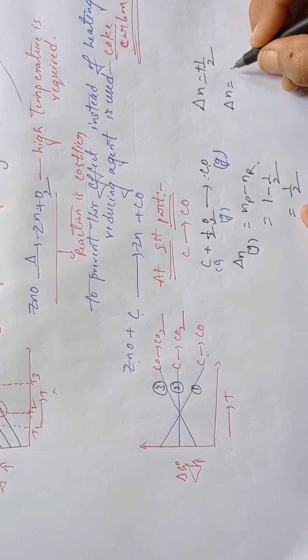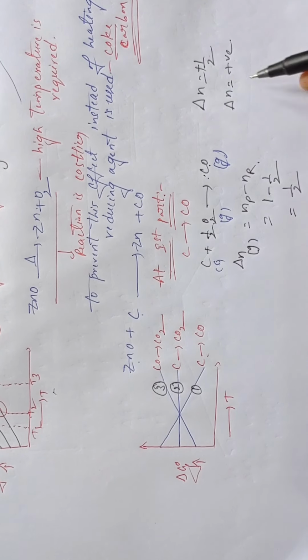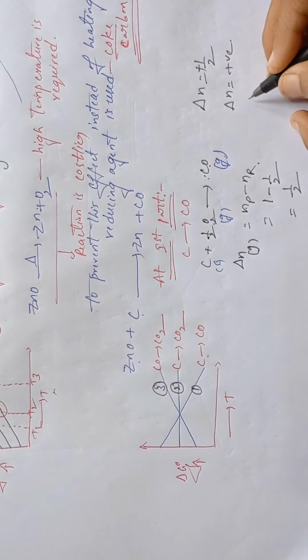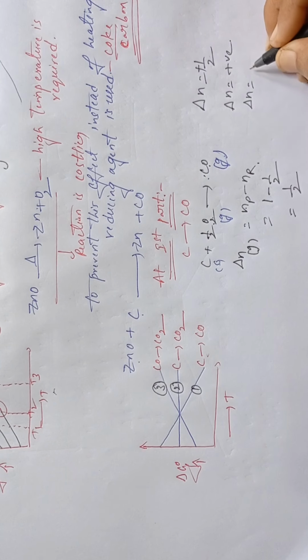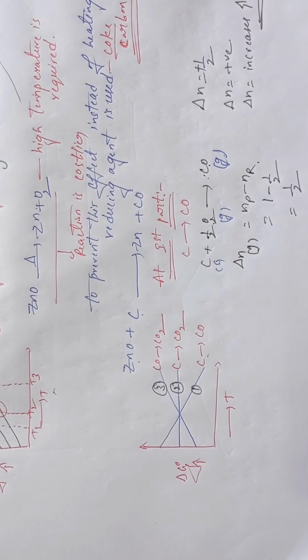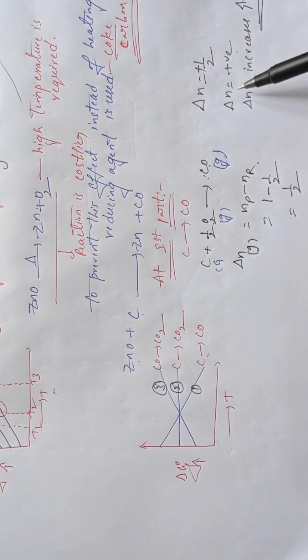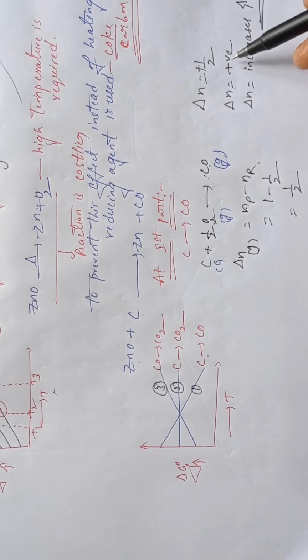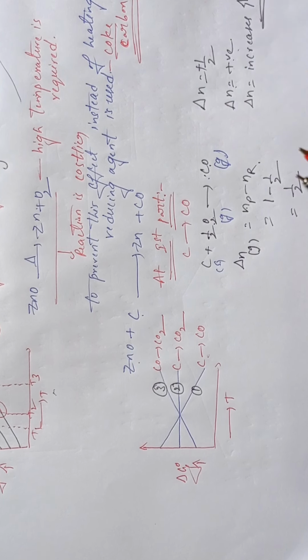That means delta N is positive. Are you clear? That means we can say delta N value increases. Whenever it is positive, delta N increases. Whenever it is negative, delta N value decreases, students.